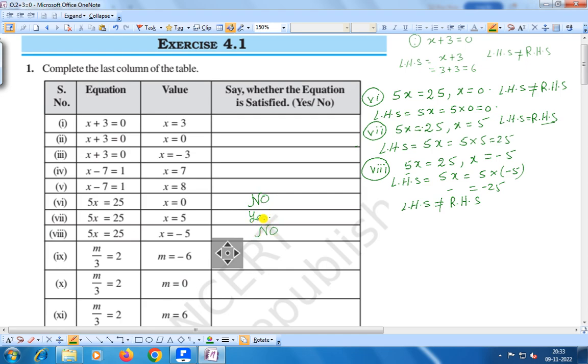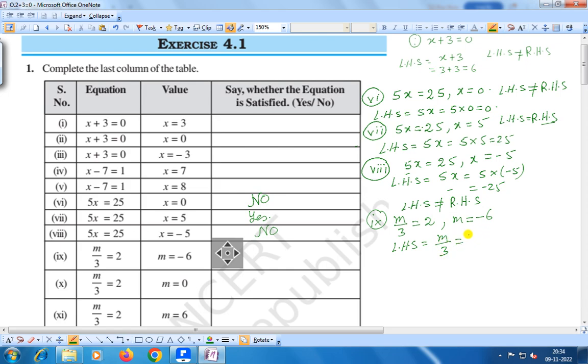Now, question number 9. Question number 9 is m by 3 is equal to 2, and the value of m is equal to minus 6. The left hand side is equal to m by 3.